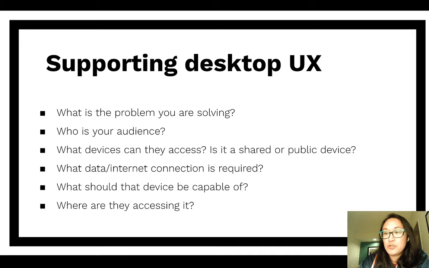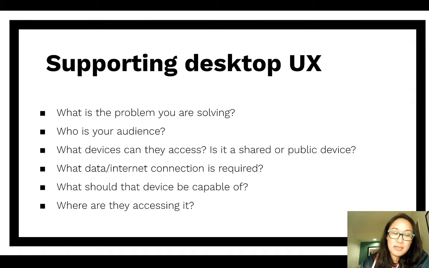Are you looking to have them sign in with any login information they might have on their computer? Are you looking to pull in GPS using the location services on their desktop device? Do they need to connect other hardware to your product to make this work? So just consider all the capabilities that your specific device has and either design around that or design around the right device that will provide the optimal experience.